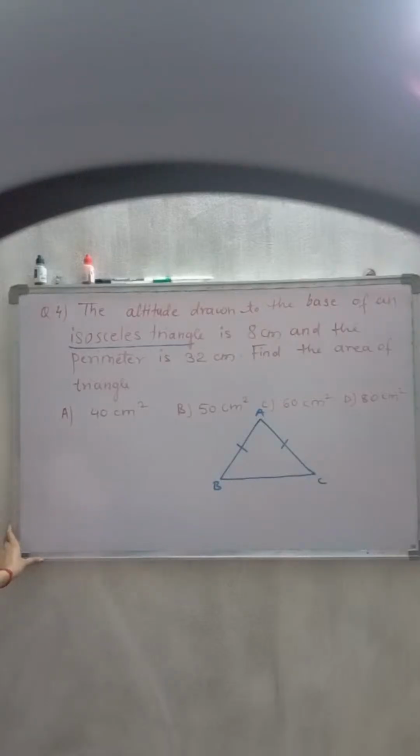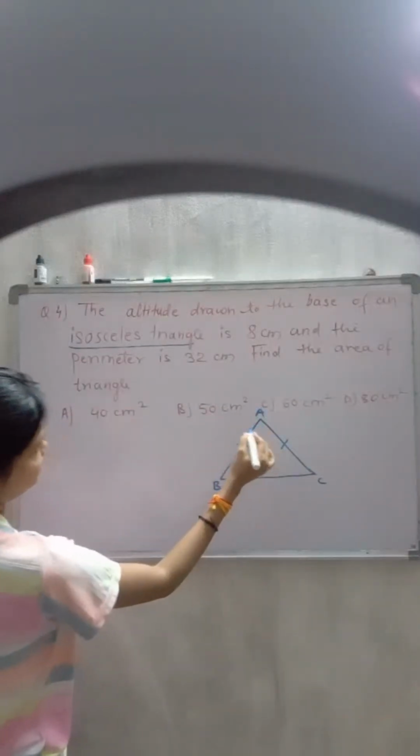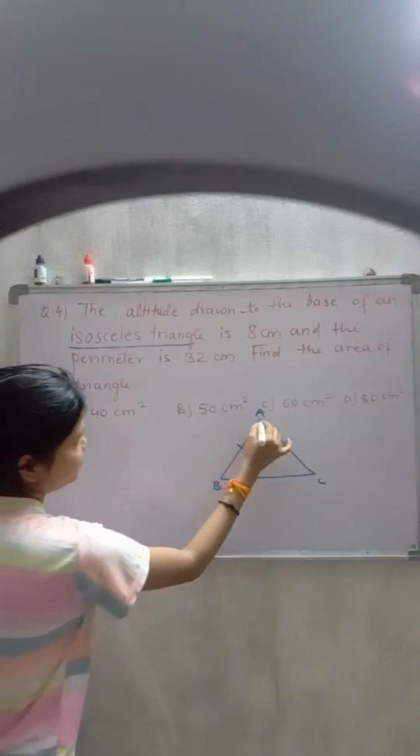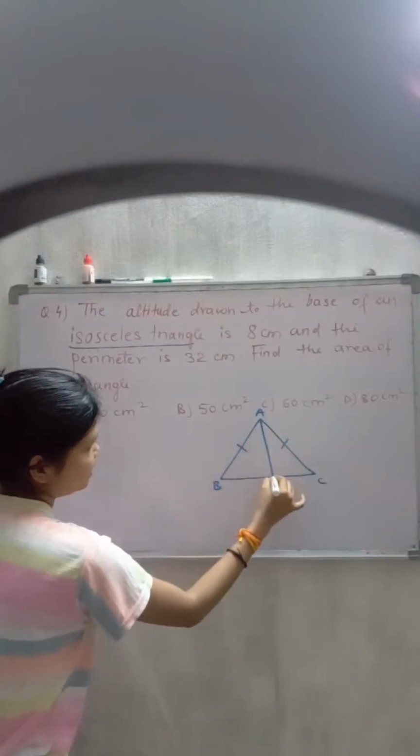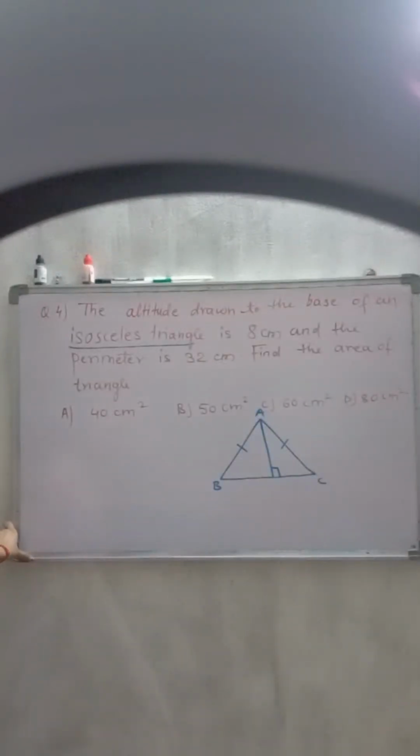The altitude drawn to the base of an isosceles triangle is 8 centimeter, so this is given as 8 centimeter, and the perimeter is 32 centimeter. Find the area of the triangle.